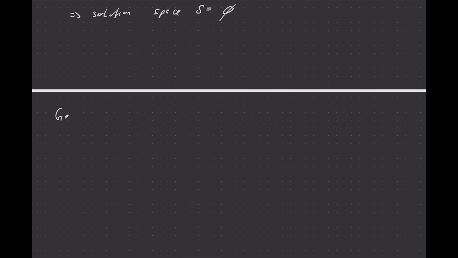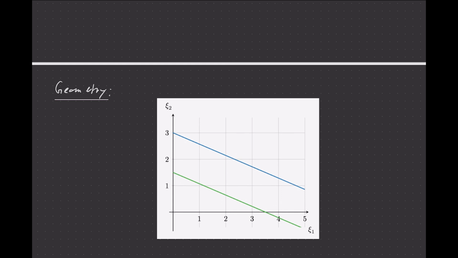Again, let's have a quick look at the geometry to conclude this video here. So what does that look like? So here we have the geometry of that system of linear equations.